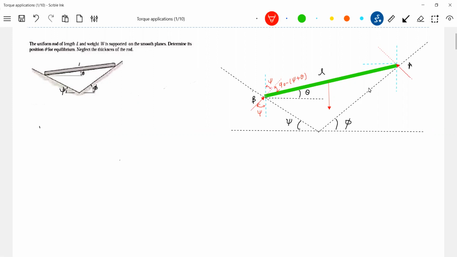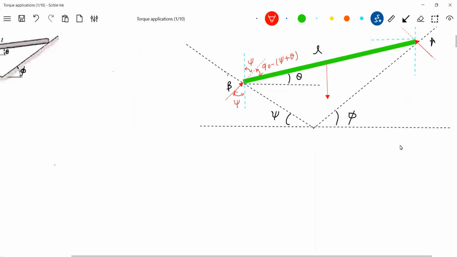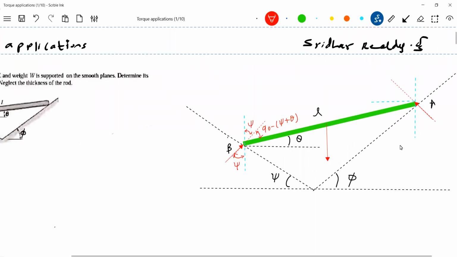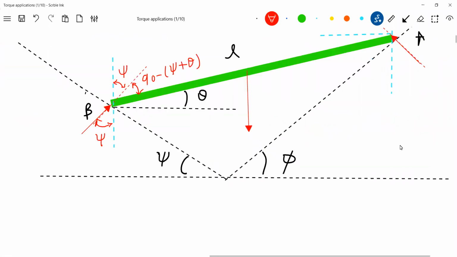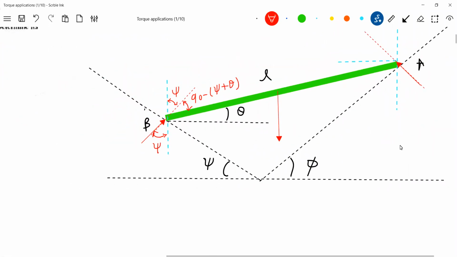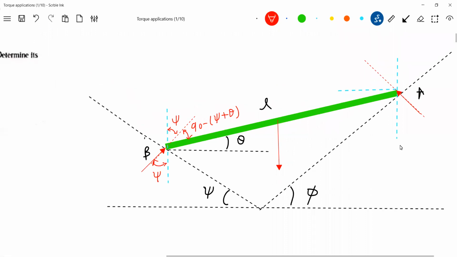I'll magnify the diagram. Okay, see it clearly. This will be theta. This should be the angle phi.